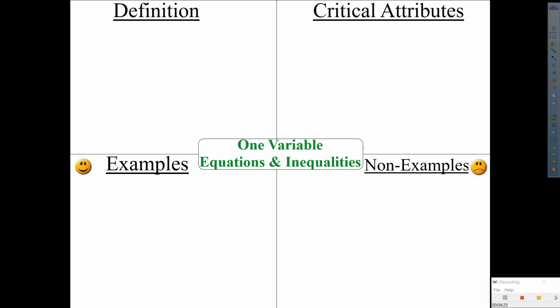All right, so write or type the definition that they told you on the screen, please, without looking at your notes. Whatever they told you, write it in there, please. Let's see if they got it right.